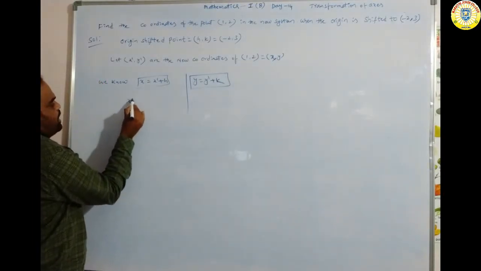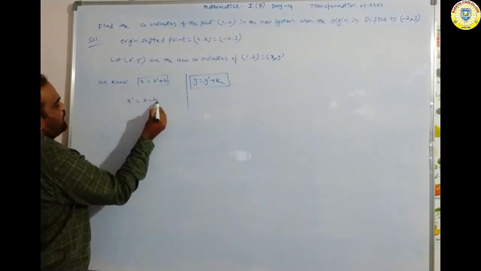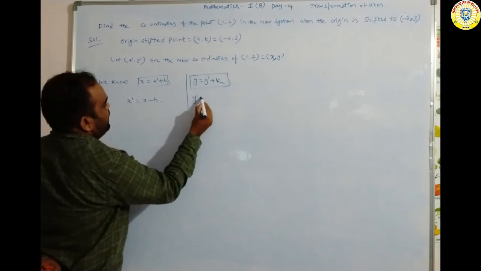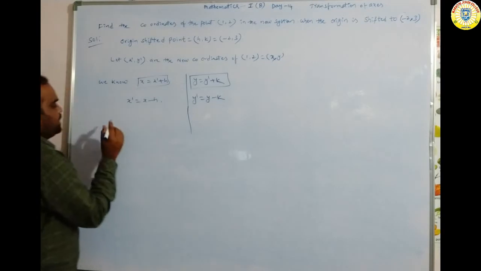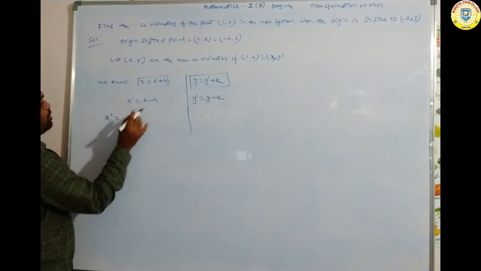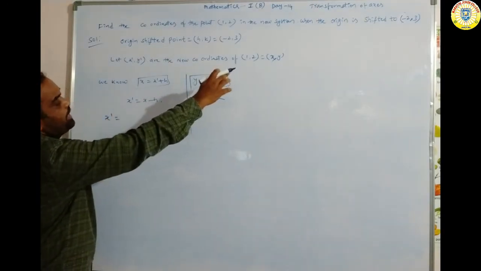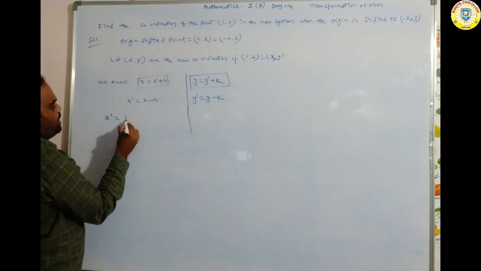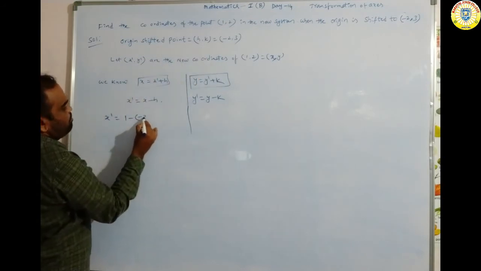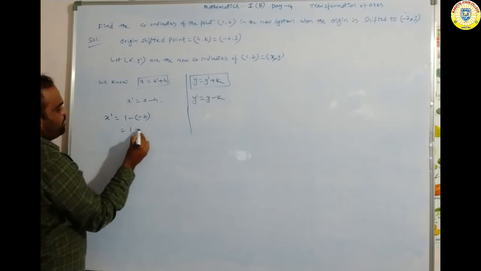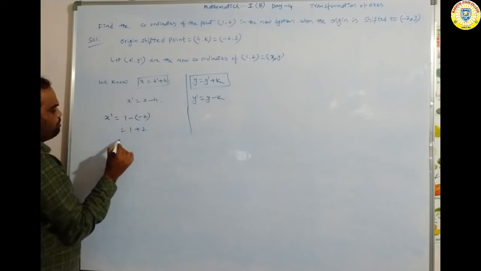Then x' = x - h, y' = y - k. Here x = 1, minus h, and h is -2, so it is 1 minus (-2), that is 1 + 2.